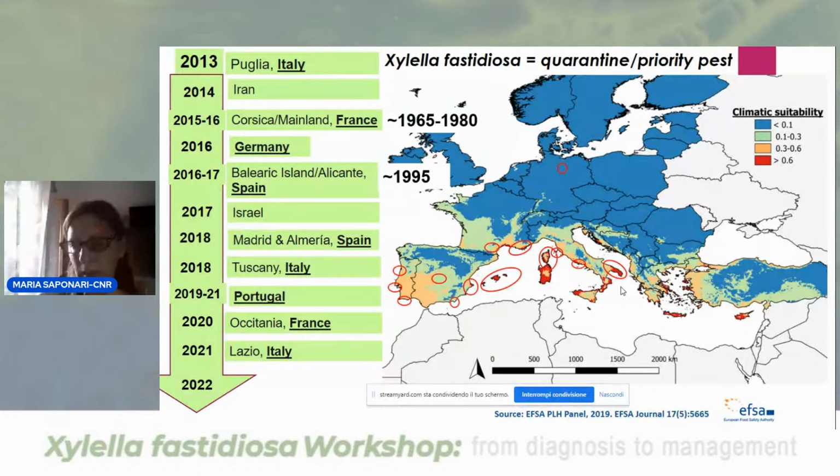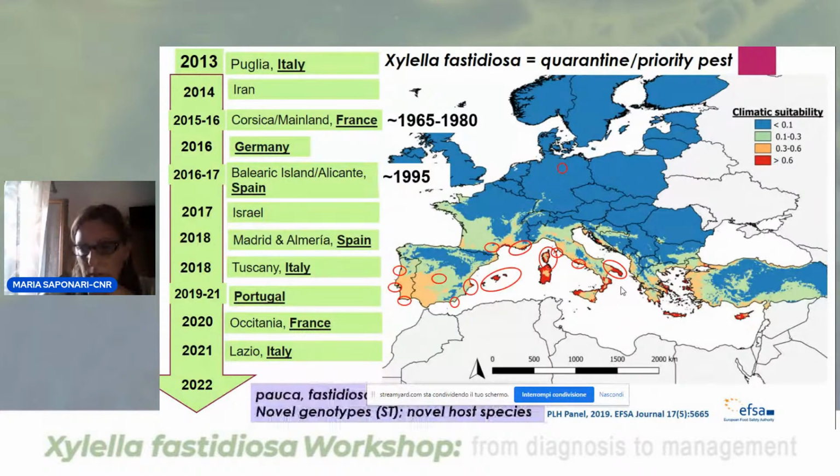The infections did not cause significant damage, so did not cause major epidemics, except the case in Italy, which still remains the worst situation of Xylella in Europe.